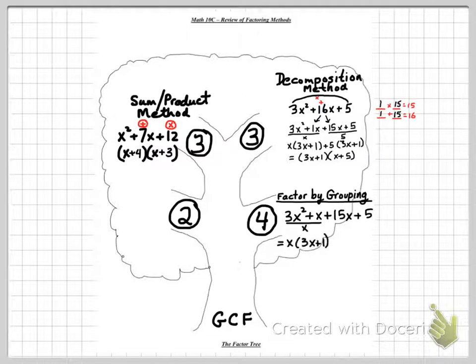We're left with x times 3x plus 1. See if you can remove a greatest common factor from the second two. We can. That's 5. So that would be 5 times 3x plus 1. And then you can factor a 3x plus 1 from both terms to get 3x plus 1 times what's left over on the outside, which is x plus 5.